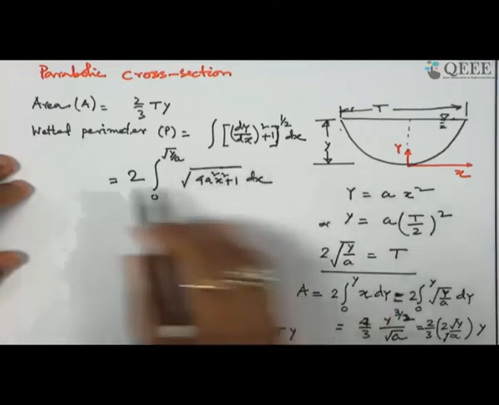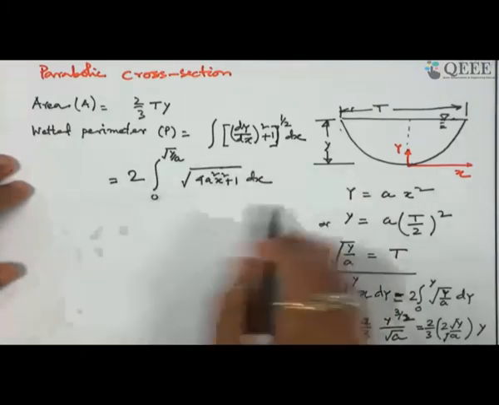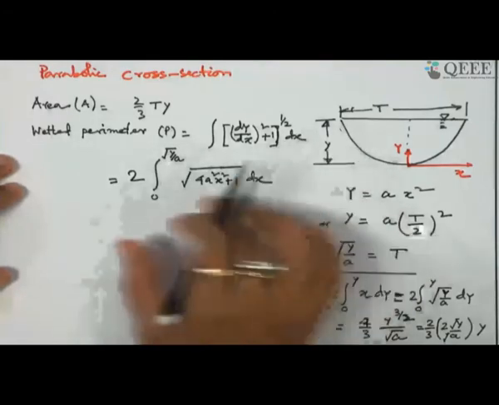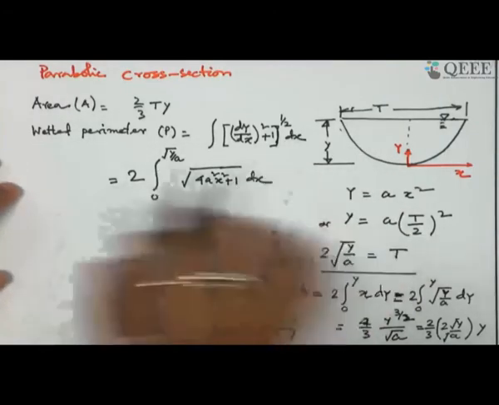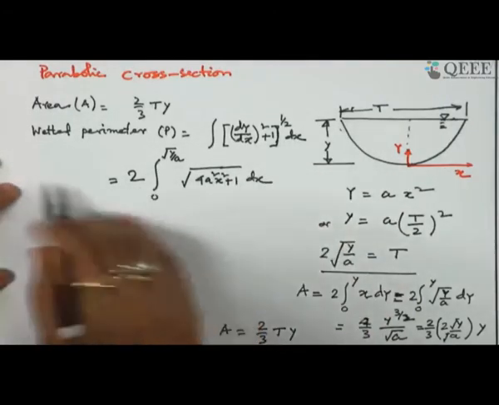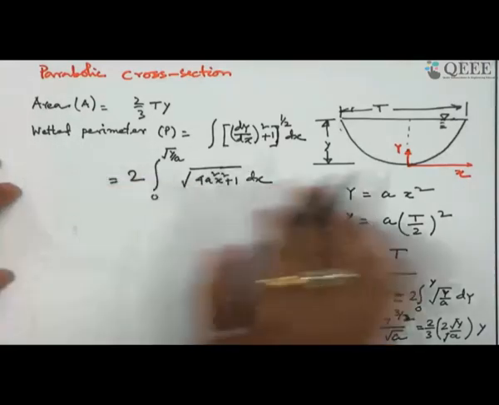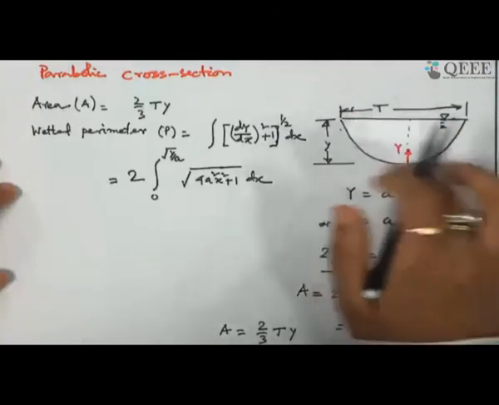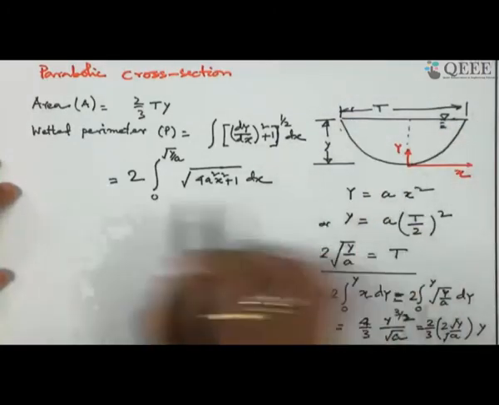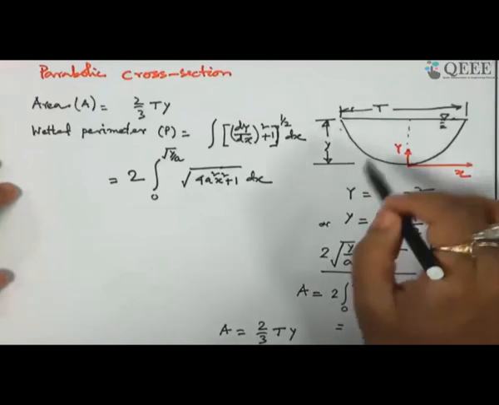This is an implicit integral. If we get the exact expression for this integral, we can get the wetted perimeter. So, we can see that we have increased the complexity of the problem. Depending on the complex nature of the cross section, we need to determine the wetted perimeter.